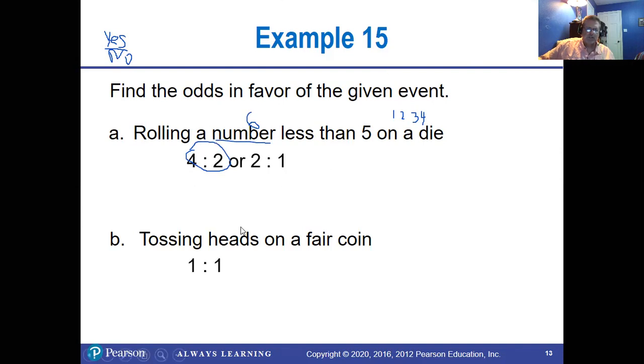Now, tossing heads on a fair coin. Well, you have one is a heads and the other side is a 1. So you have 1-to-1 odds in favor, okay, or a 50-50 shot, okay? Anytime you get these two numbers to be the same, the favor over the other, it'll reduce to 1-to-1.